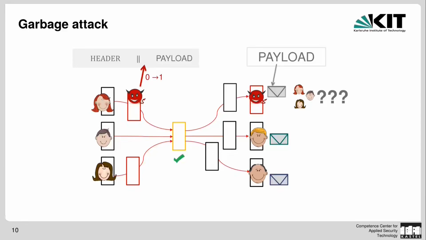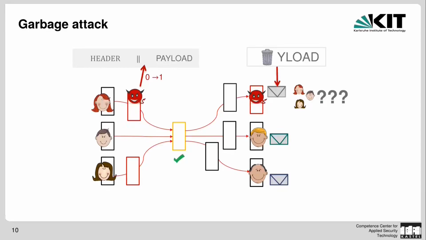Now we know that the payload has been modified, but based on the block cipher, we also know that only the beginning of the message will be affected. So now the adversary gets a message that in the beginning looks like garbage, which is why we call this attack the garbage attack. But the end of it looks like a normal message that he would expect, for example, English language.